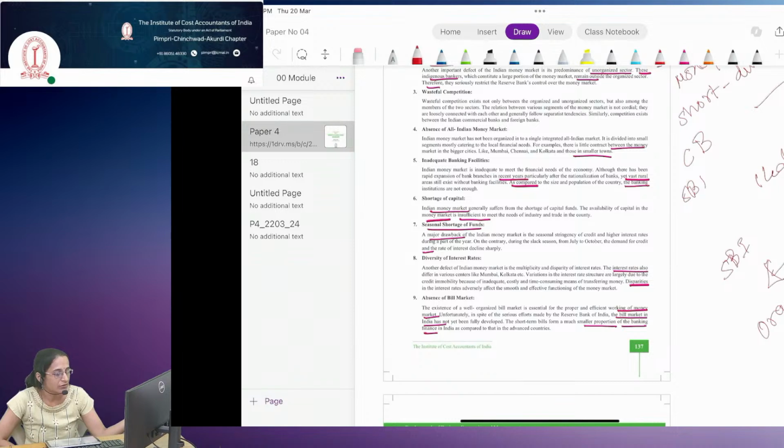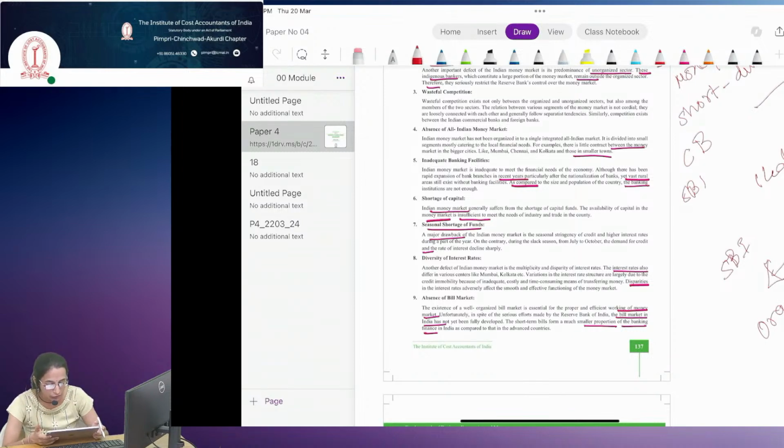Like Mumbai will have a different interest rate, Pune different. Then again, due to the seasonal variations, slack and other changes in the business environment, the interest rates will keep on changing. So there are no constant interest rates in this money market. These keep on fluctuating.